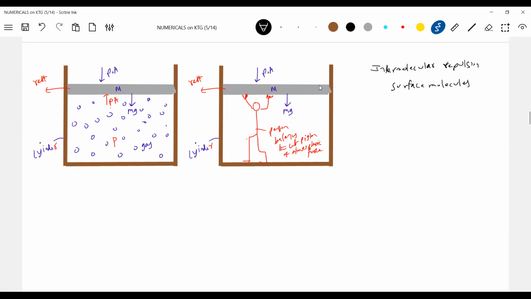Sir, air molecules in the cylinder are continuously in collisions with the piston. Okay, air molecules in the cylinder continuously collide with the piston.